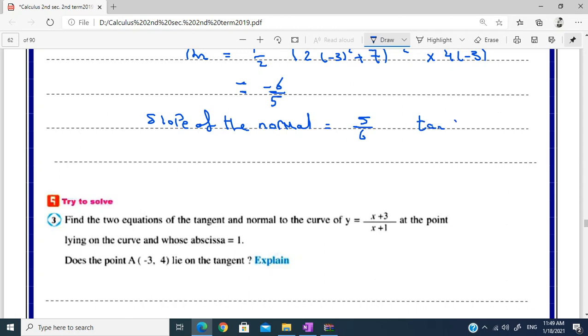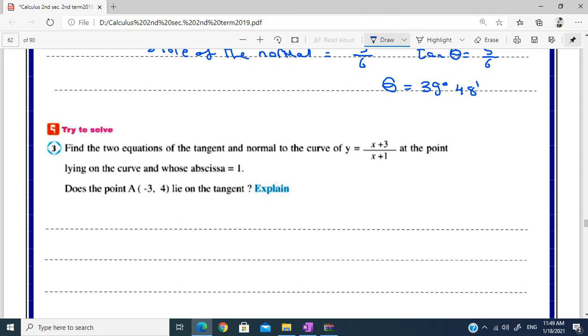So tan theta equals 5/6, shift tan of 5/6 equals 39 degrees and 48 minutes.